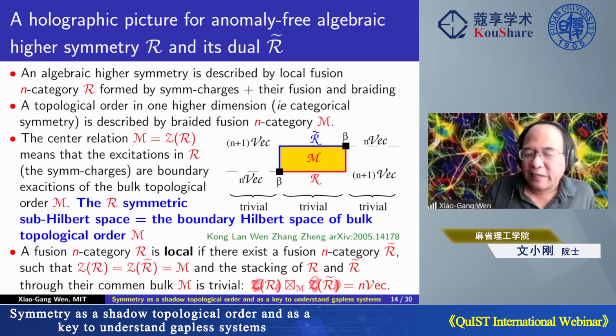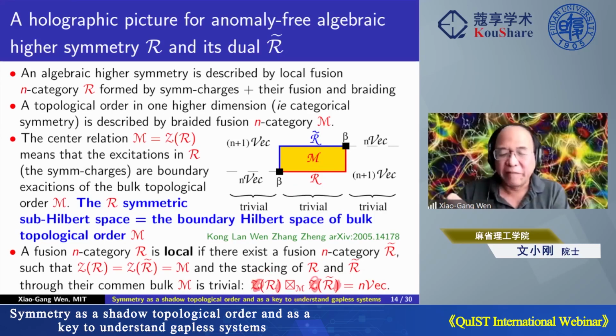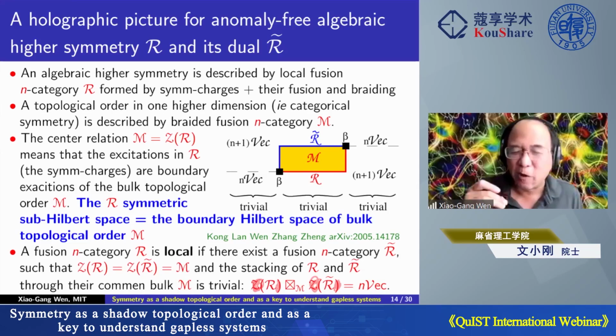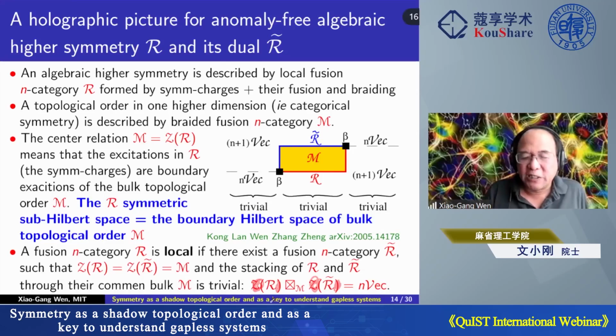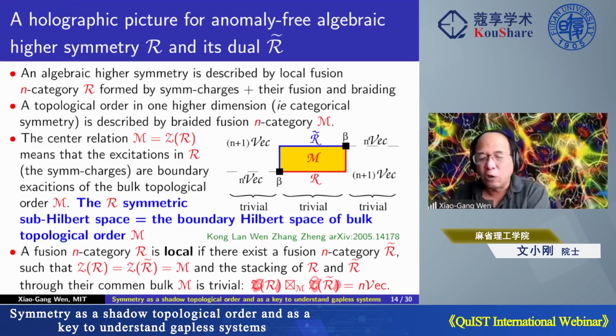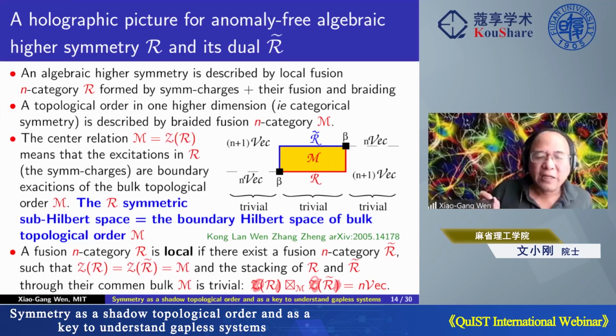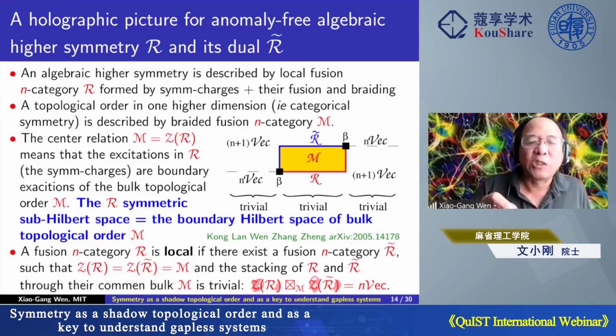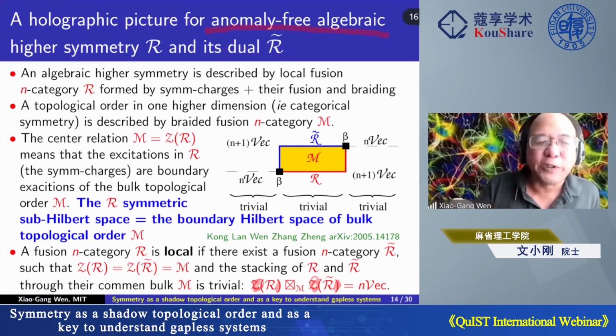So this condition removes the possibility of stacking actual topological order onto the boundary. So it's like this R boundary is somewhat minimal. It's a kind of small boundary, having no actual excitations except those that come from the symmetry. So this condition defines the notion of a local fusion n-category, and the local fusion n-category replaces the concept of group and higher group. It's a unified way to describe so-called anomaly-free symmetry.